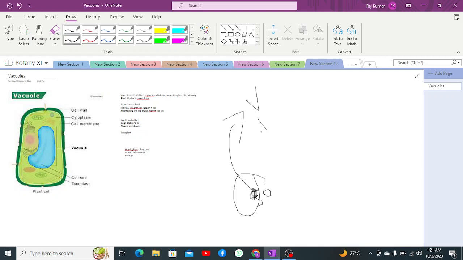The material engulfed inside the cell in the form of a vesicle is known as a vacuole.